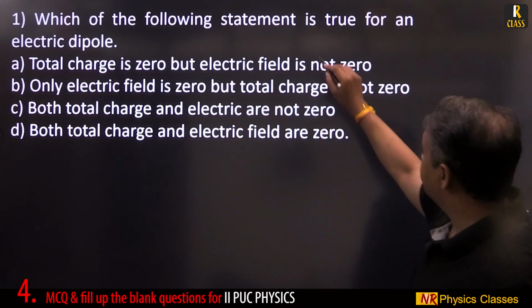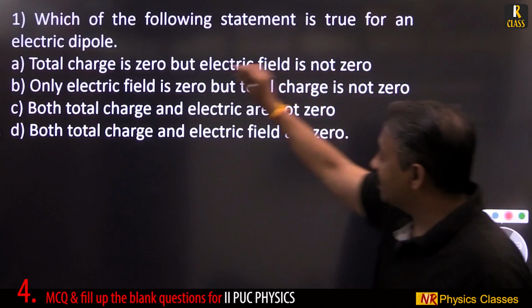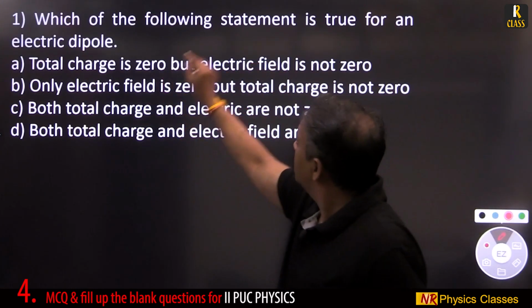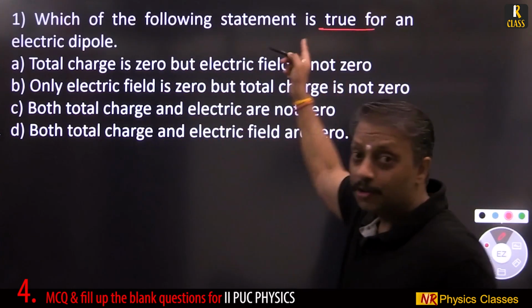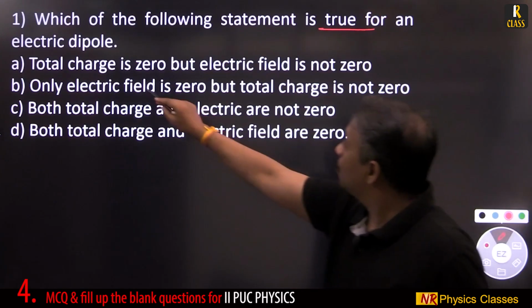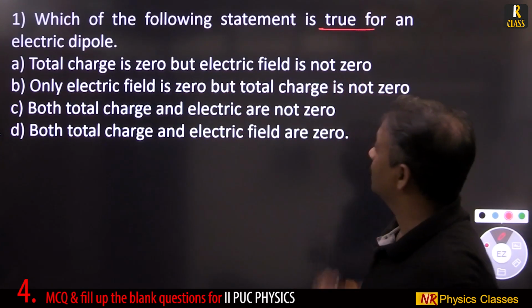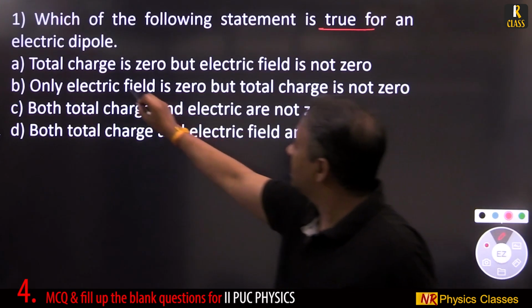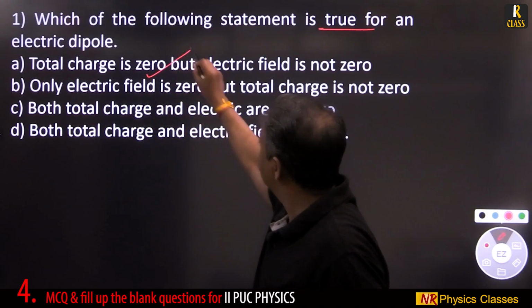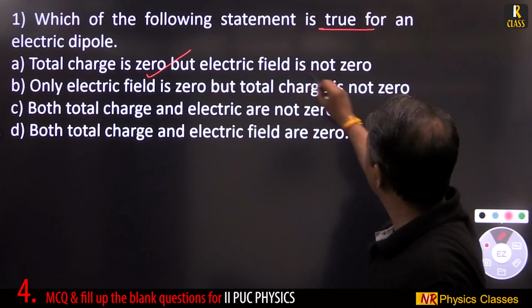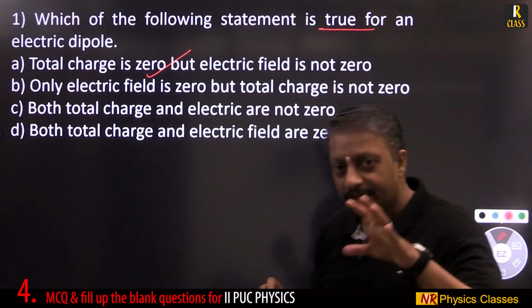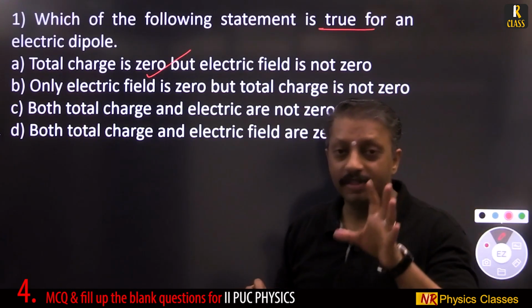Which of the following statements is true for an electric dipole? Underline true. Total charge is 0, but electric field is not 0. Total charge is 0, correct, and electric field is not 0. There is an electric field at every point because of the dipole.